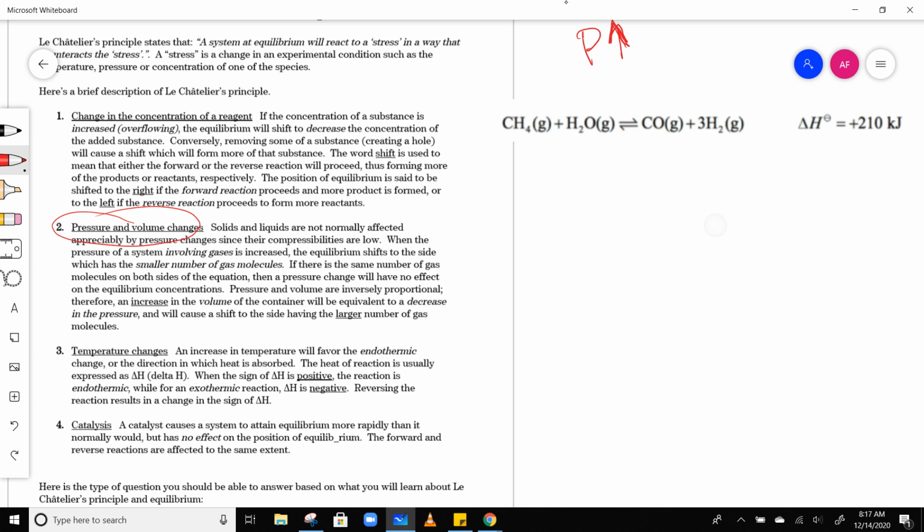Okay, so here we have 2 moles of gas, and here we have 4 moles of gas. On the left side we have 2 moles, on the right side we have 4 moles. I just added up the coefficients of all the gas molecules. So this is 1 and 1 makes 2. This is 1 plus 3 makes 4.